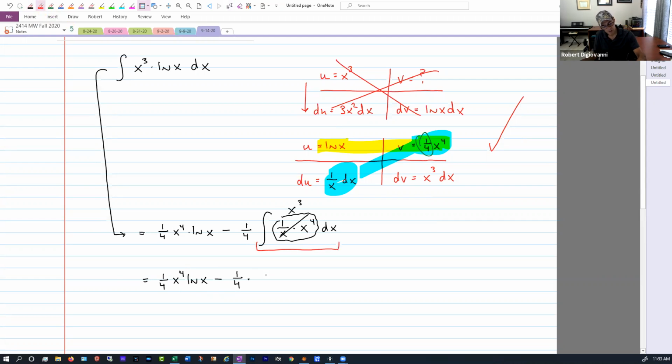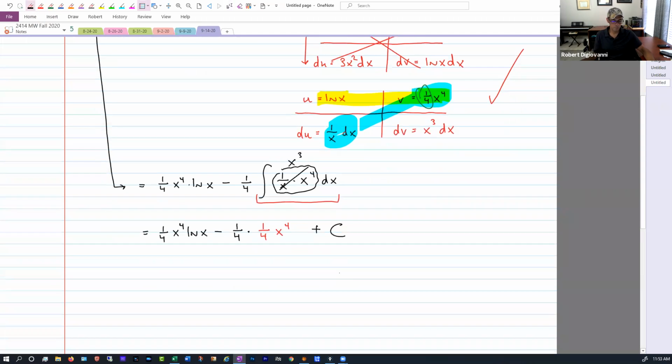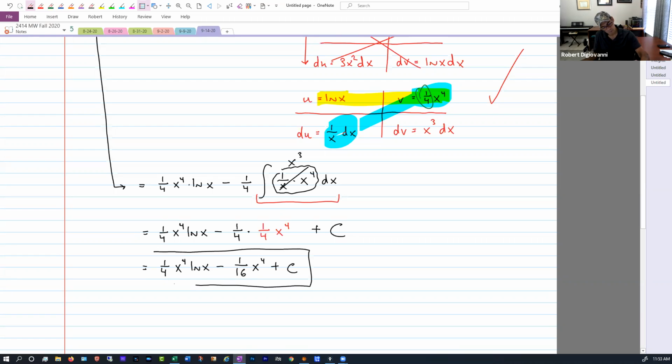Antiderivative of this will be 1/4 again, x to the 4th, and then a plus c, which equals 1/4 x to the 4th natural log x minus 1/16 x to the 4th plus c. What do you think? We could check it, but I'm not going to.